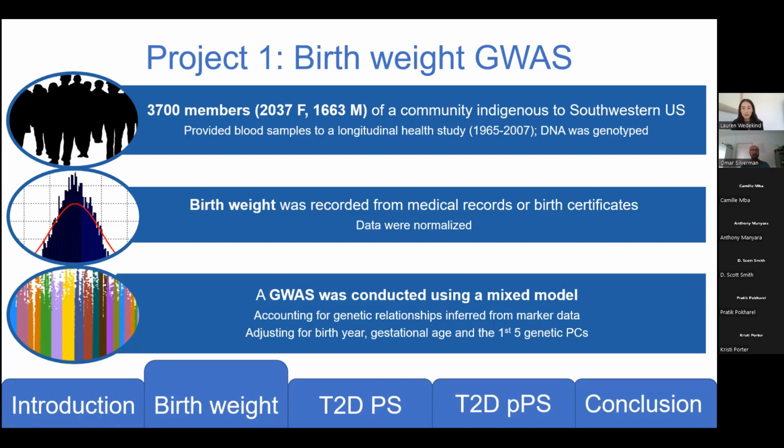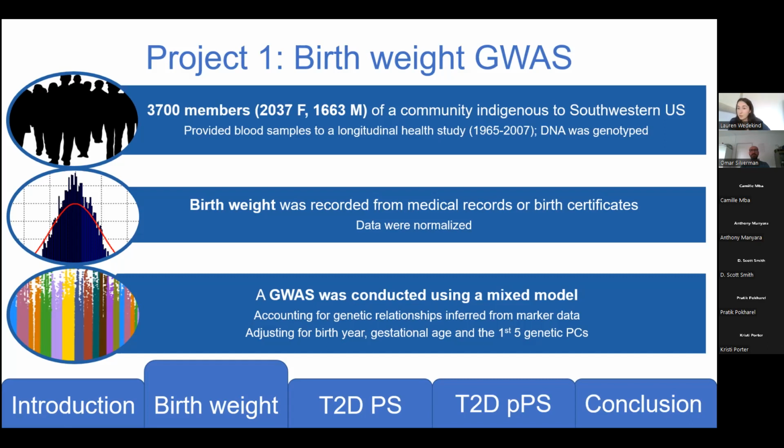So what that means is there's substantially less power to detect associations, and that's what we ultimately ended up finding. But it was just important to us to look at this within this population because we were doing other analyses of birth weight and diabetes in this one.